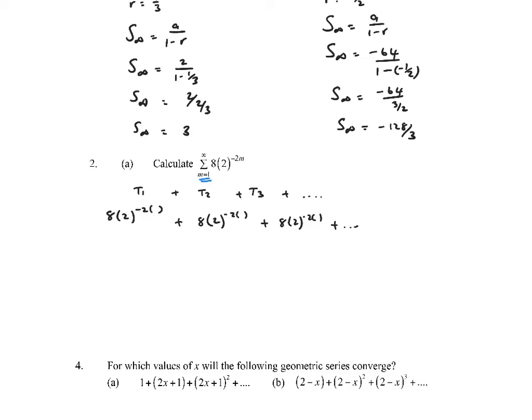So where do we start? The counter starts at 1 and goes up. So that is equal to 8 times 2 to the negative 2 plus 8 times 2 to the negative 4 plus 8 times 2 to the negative 6. That is 8 over 2 to the 2 plus 8 over 2 to the 4 plus 8 over 2 to the 6 plus, which becomes 8 over 4 plus 8 over 16 plus 8 over 64, and so onwards.